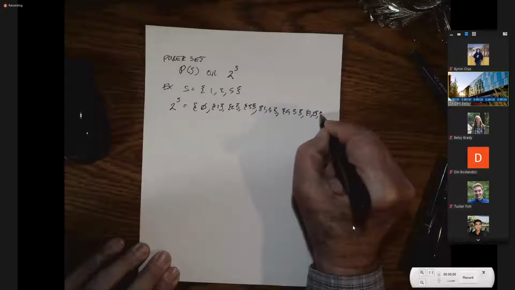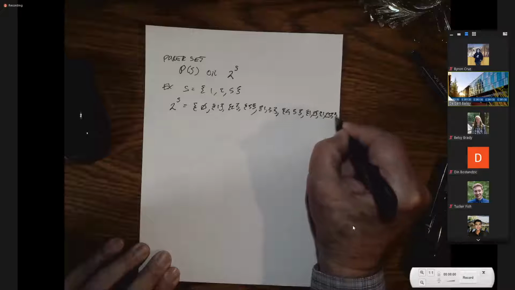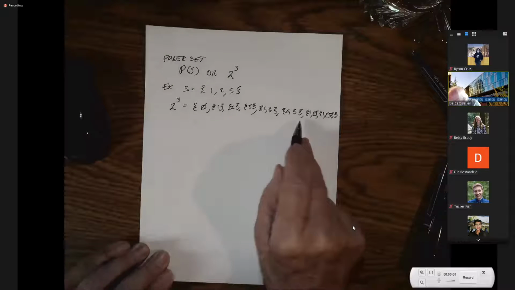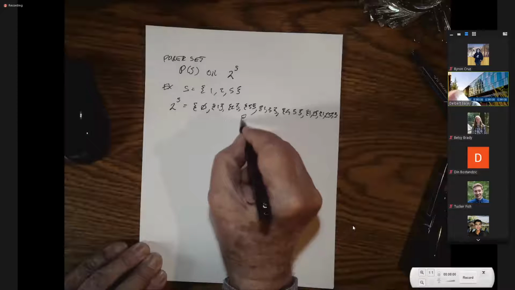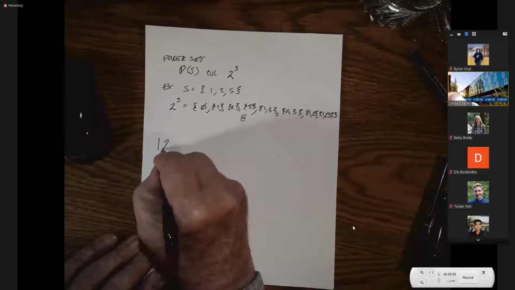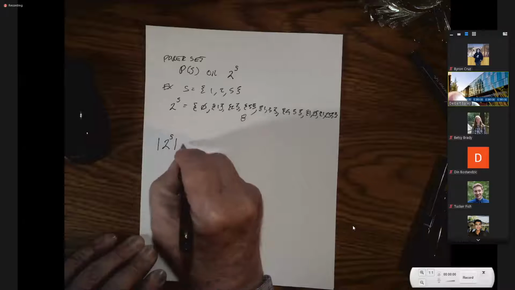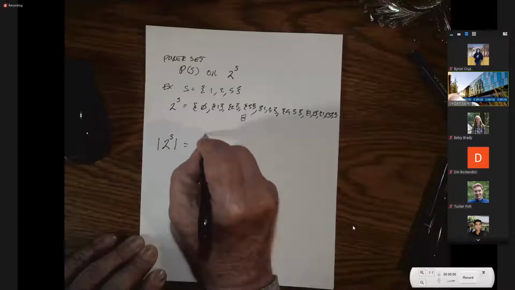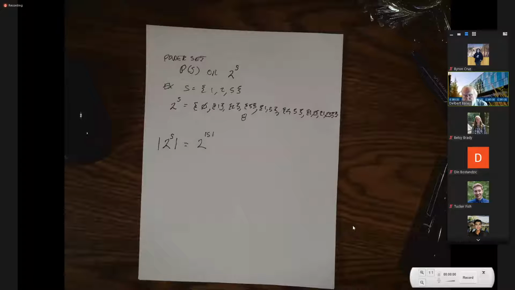And the whole set. Okay, so how many things are in here? Hopefully there are 8. Okay, notice the cardinality. That will, in general, be true.